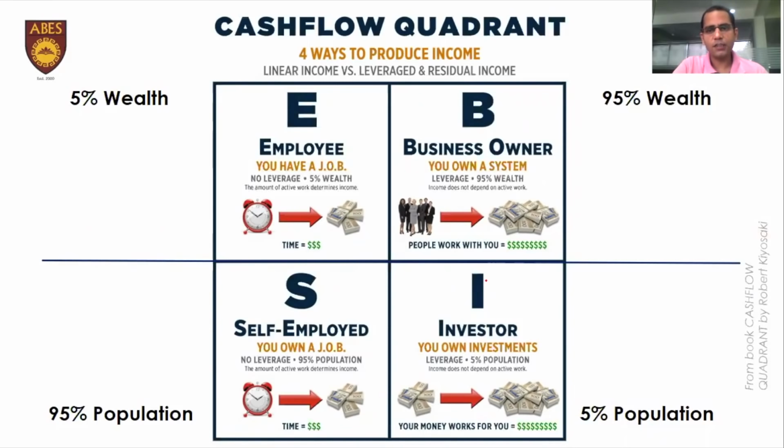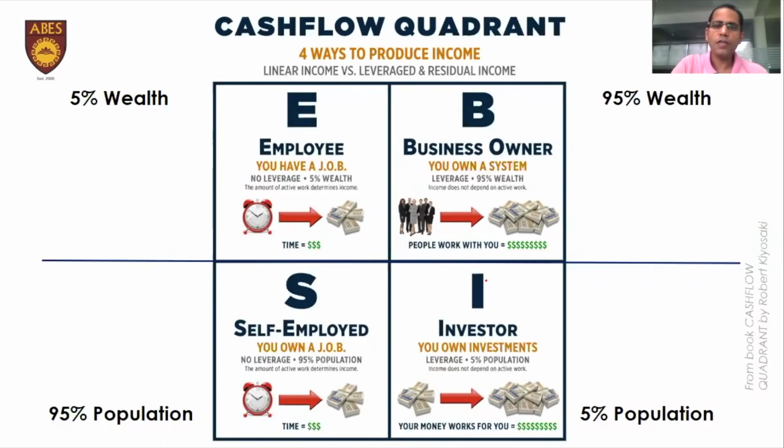Largely their decision to take E, S, B or I is on the basis of their value system, and on the basis of what kind of family background they are coming from. Either they are coming from a rich, strong family background where they have high risk taking potential, and they choose B and I.